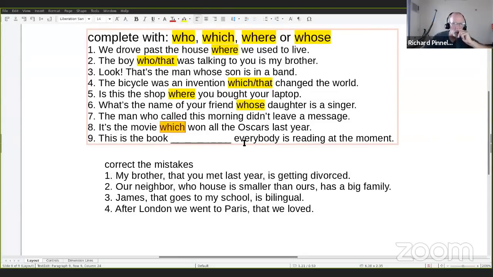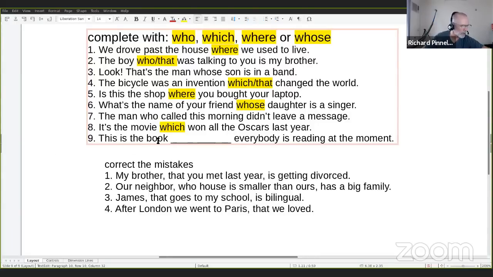This is the book everybody is reading at the moment. Number 9. Which is number 8, says Gregory. Yeah, number 8 is which. What about number 9?